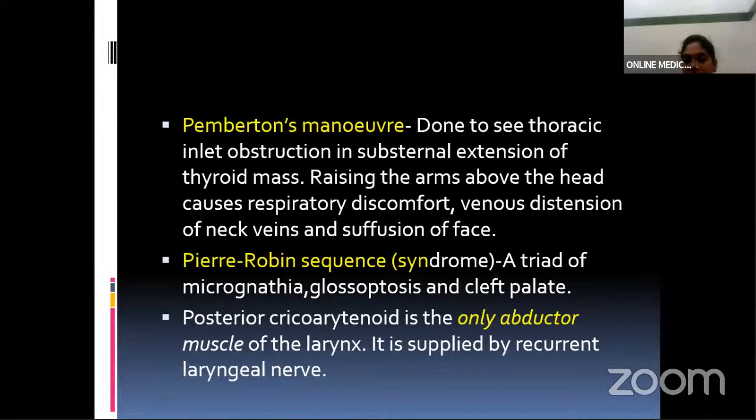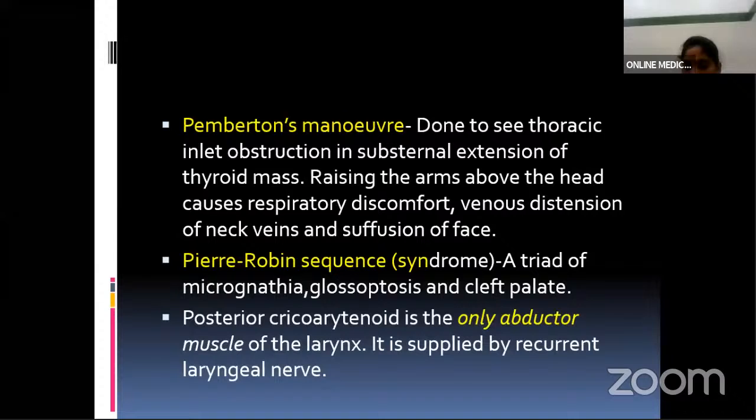The patient may present with venous congestion of the face and upper part of the chest, distension of the veins, facial congestion or color change, or some suffocation and discomfort.